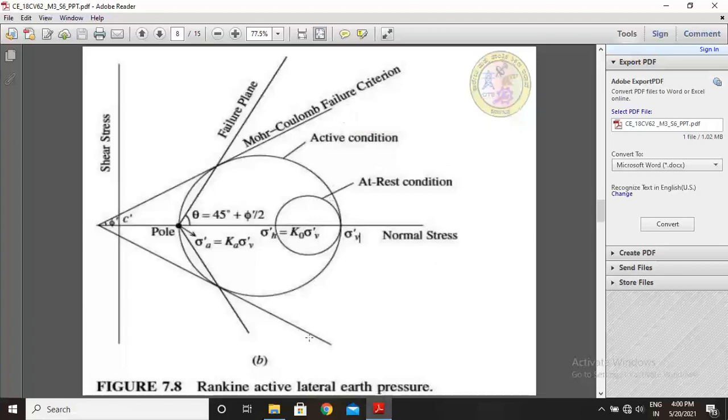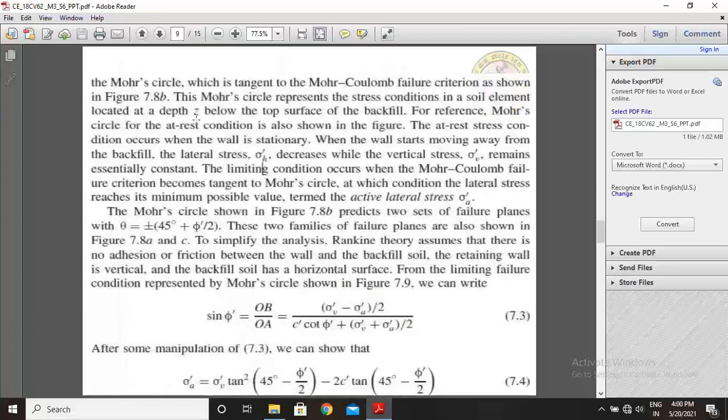Rankine's active lateral earth pressure. This Mohr circle represents the stress condition in a soil element located at a depth z below the top surface of the backfill. For reference, the Mohr circle for the at rest condition is also shown in the figure.